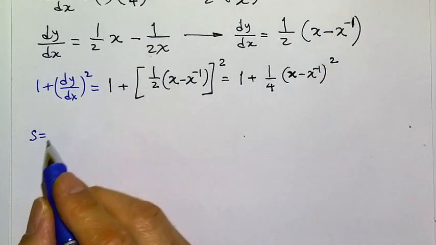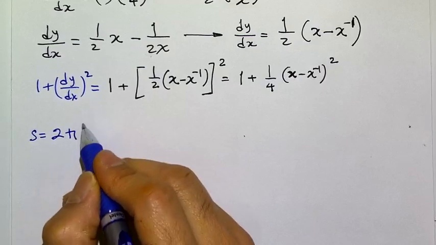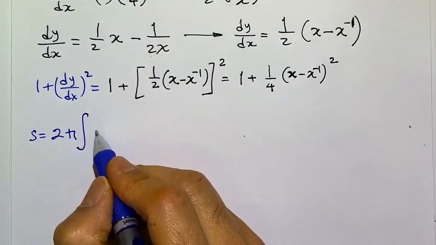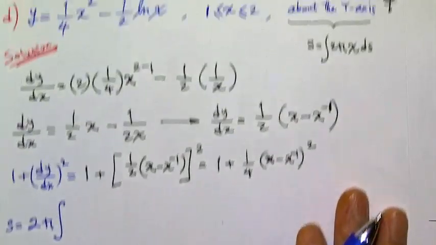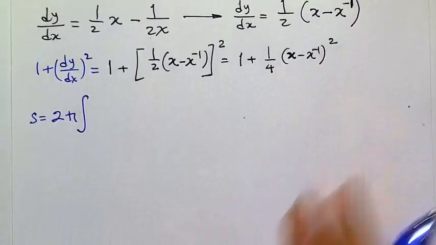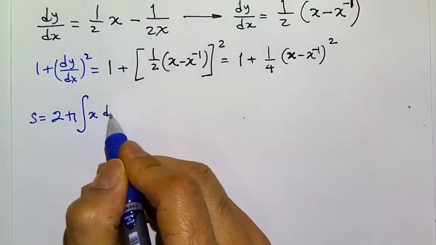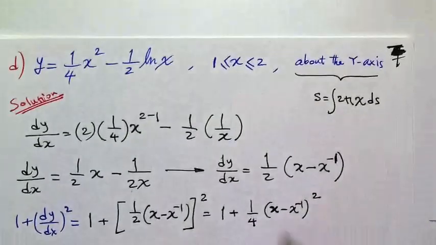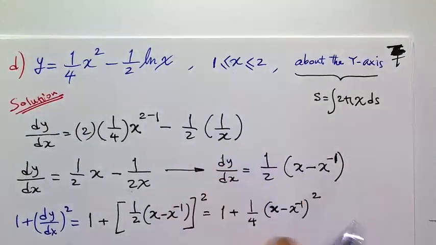Okay, so let's apply our S formula. I'll just put the 2 pi in front this time. 2 pi, we said x, right? We said x, 2 pi x ds, with x ranging from 1 to 2.